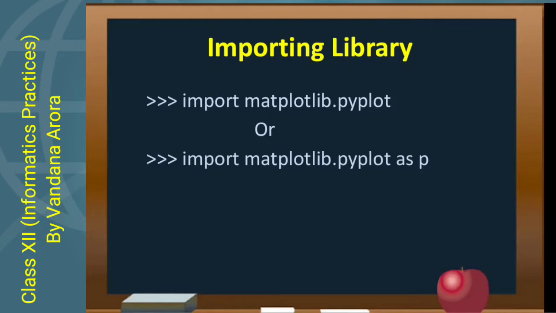It becomes a short name for this library. Otherwise, if you don't select any alias, any alternative name, then you have to write the complete matplotlib.pyplot in front of every method, and this will reduce the amount of typing if you keep a short name like p, as I have chosen in my code.